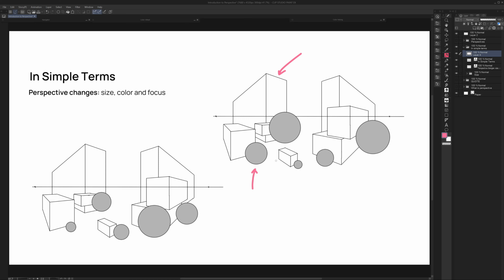That is also important in perspective: in this case, the ball seems smaller than the cube, whereas in this example, the ball is roughly the same size as the box. In this case, it's smaller. That's also one thing to remember in perspective.